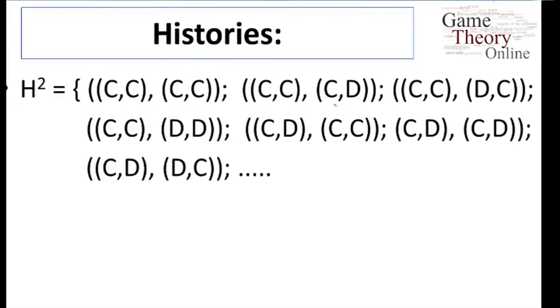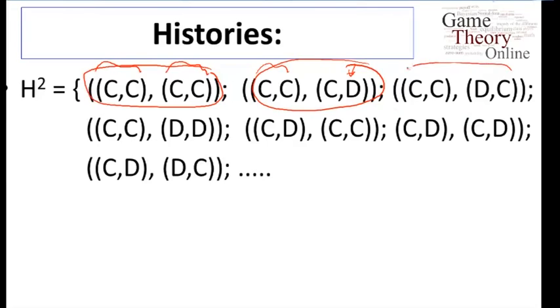When we get to histories of length 2, then a history of length 2 is going to be a specification of what happened in the first period and what happened in the second period. So if all players cooperated in both periods, then we'd end up with this history. If they both cooperated in the first period, but then the second player decided to defect in the second period, we'd end up with this history, and so forth.